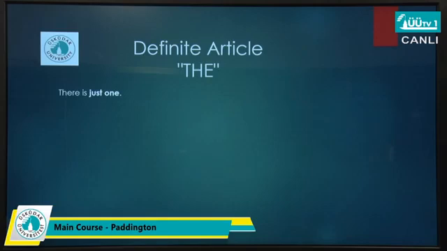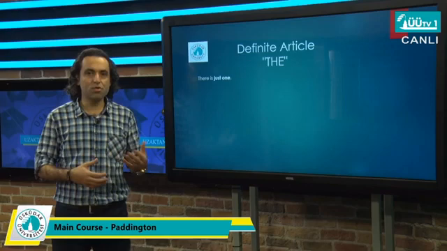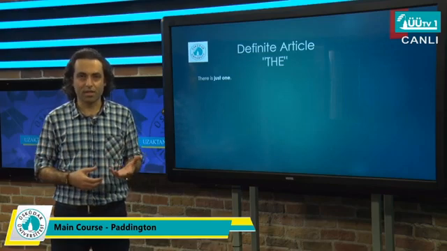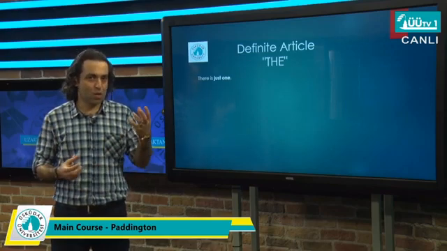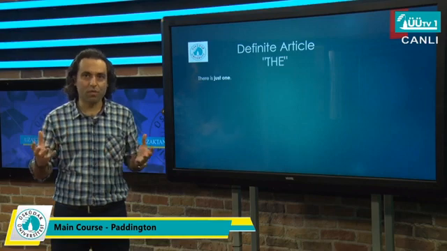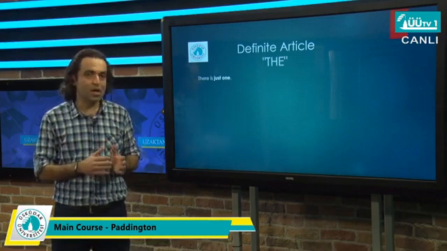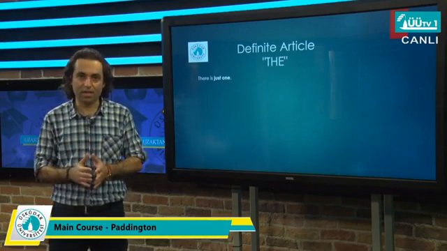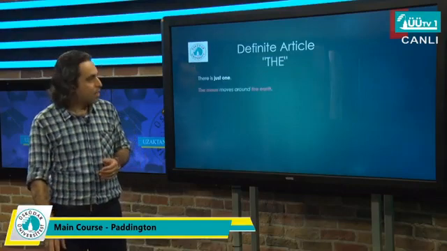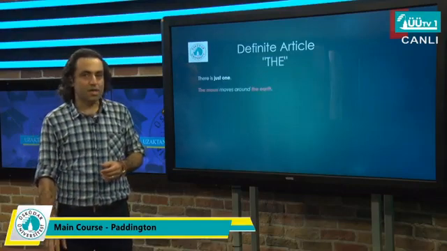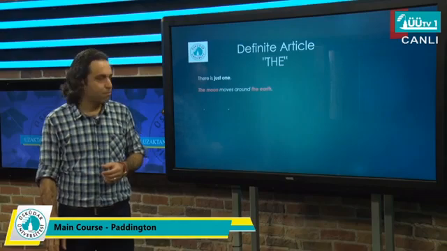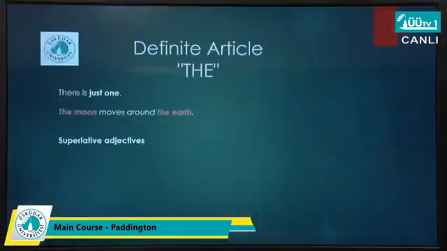The other one, when we have just one of something, like the moon, the earth, and the sun. There is just one sun, one earth, and one moon in the world for us. That's why they automatically take the article the. The moon moves around the earth because we have just one of these.